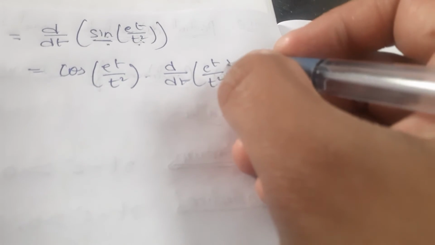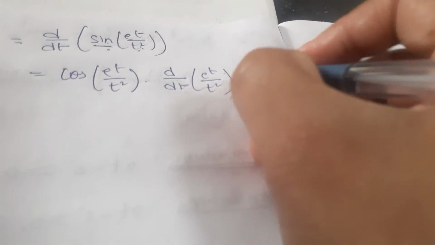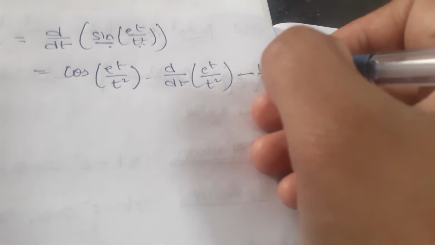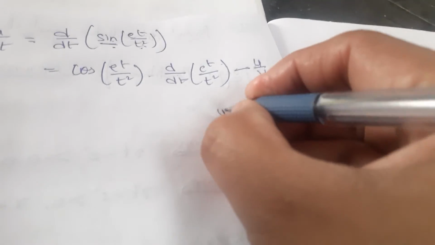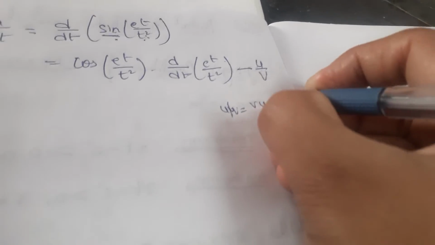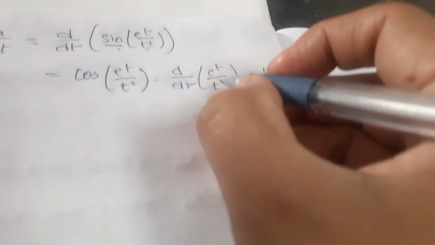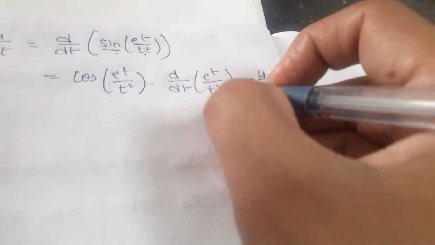It is numerator by denominator, that is, it is in the form of u by v. So what formula will we apply for u by v? v u dash minus u v dash by v square. For this term we have to use the u by v rule.